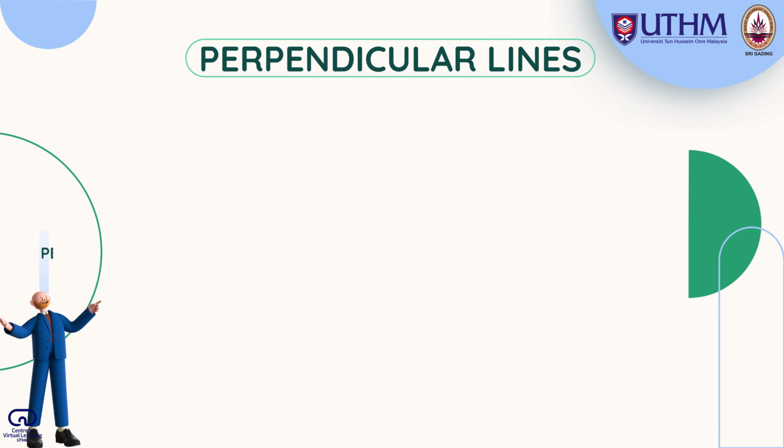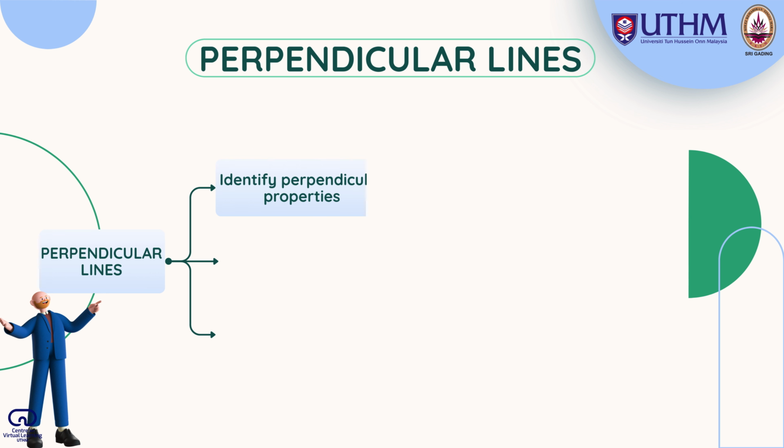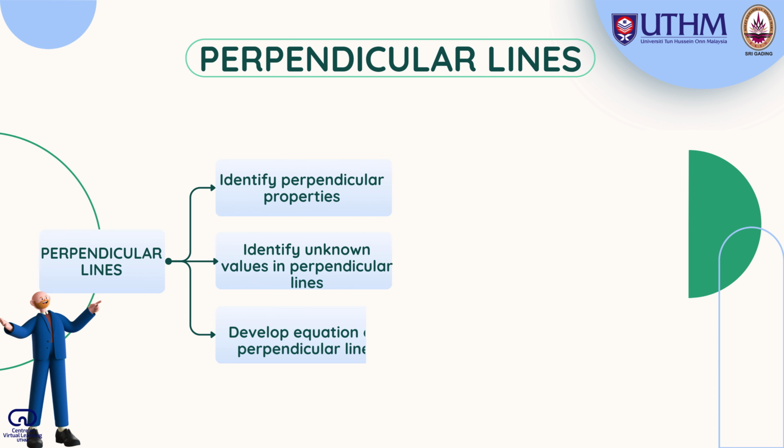This subtopic is also divided into 3 parts. First, identifying perpendicular line properties. Second, finding unknown values. And third, forming the equation. For perpendicular lines, we use this property, which is m1 times m2 equals -1.